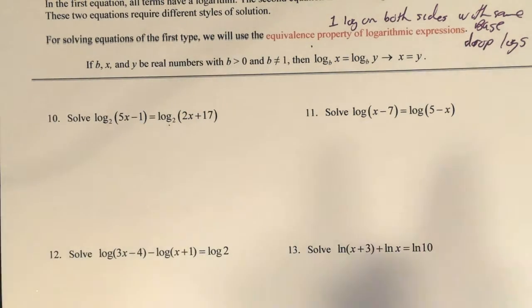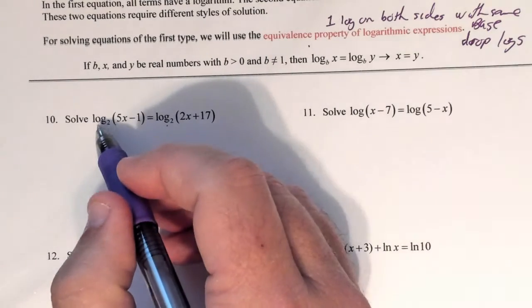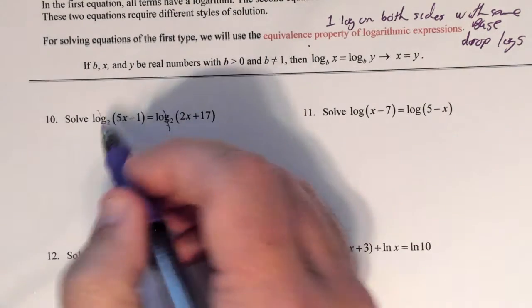And case in point is this one. I have log base 2, log base 2. It's the only thing. There's nothing else on either side. They stand alone, which just basically means these logs aren't going to matter.